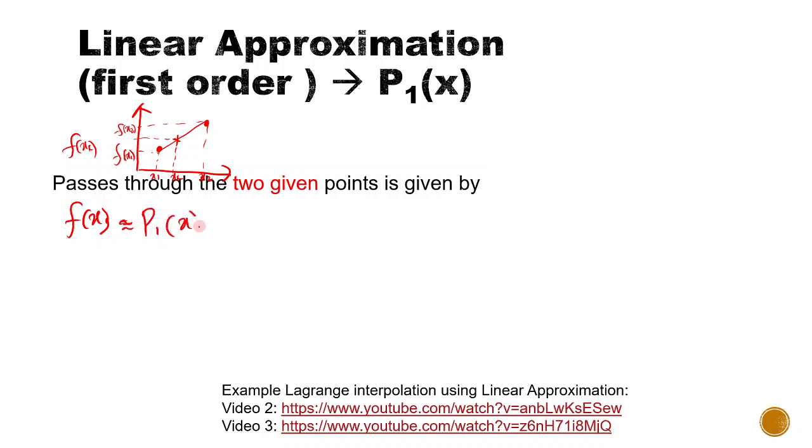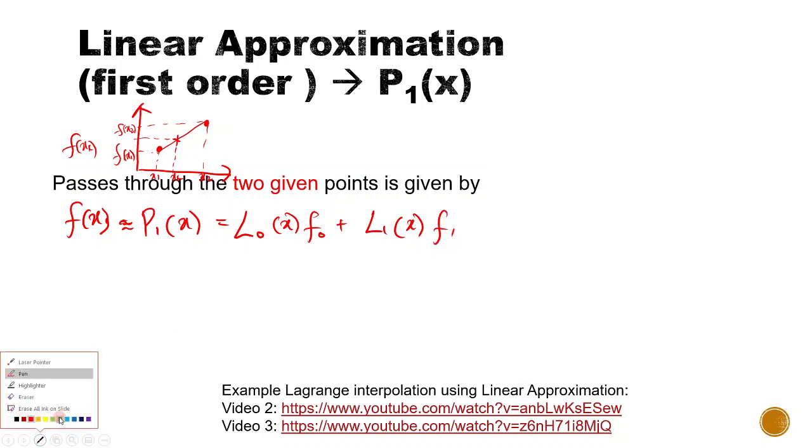Since this is only 2 points, so first order, and we must have L0(x) times f0 plus L1(x) times f1.